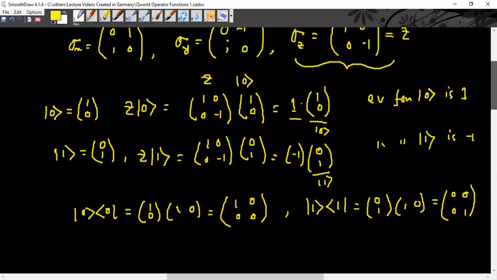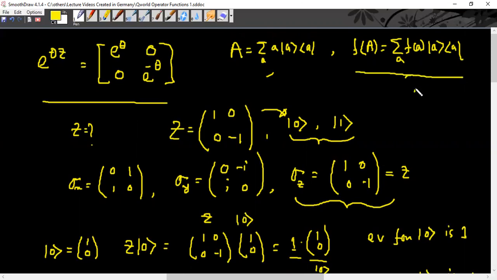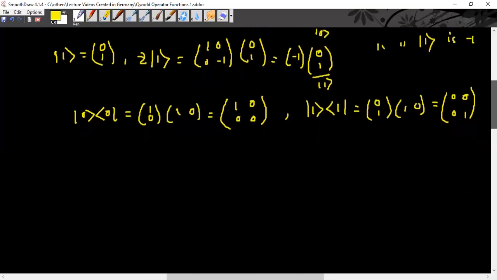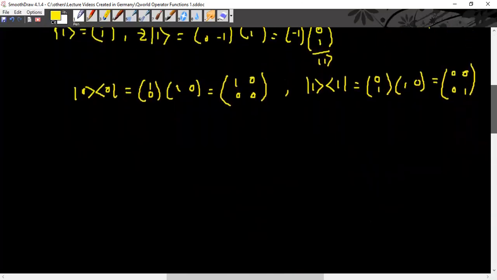Now what was our expression for the operator function? This, right? So we are going to put these eigenvalues here. I'm going to write it again. So our operator function is this, right?